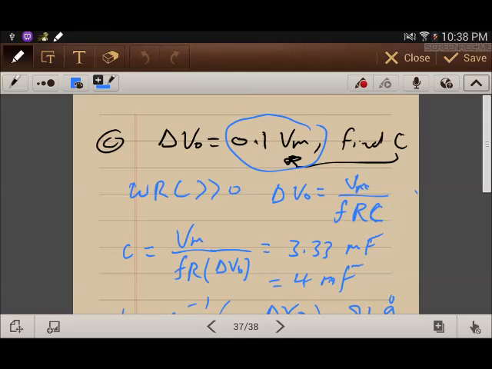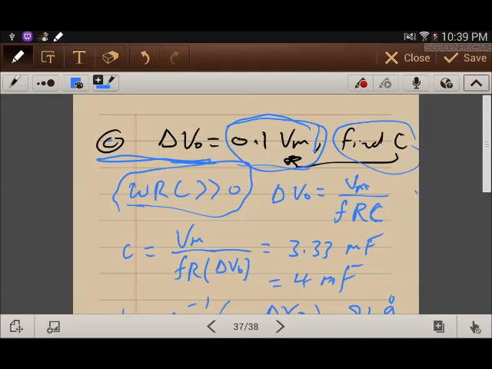Now he asked to find the capacitor that will make the peak-to-peak ripple 10% or 0.1 of V maximum. So I assumed that omega RC is much greater than 1. So delta V output is equal to V maximum over FRC.